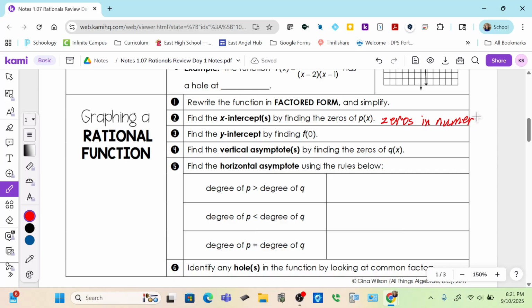The y-intercept is found by finding f of 0, so you substitute 0 for x, and you'll most likely come up with just one answer. Vertical asymptotes are found by finding the zeros of q of x, or the zeros in the denominator.